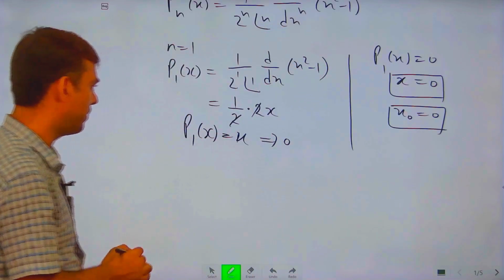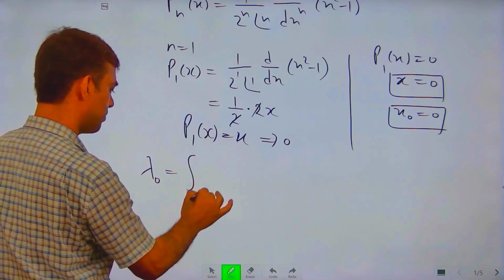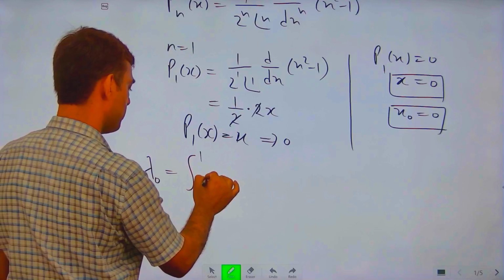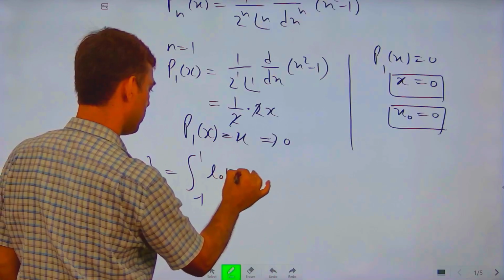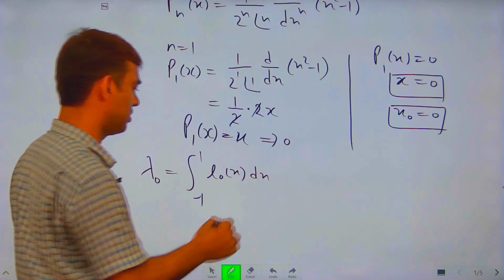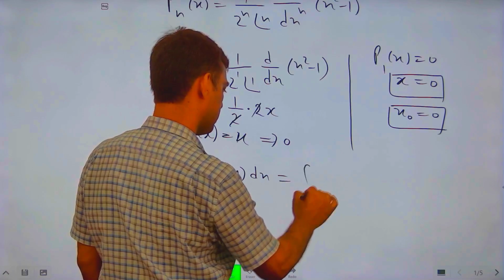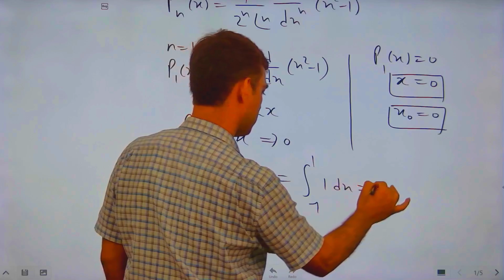And how do we find the weight? In order to find the weight, lambda 0 equals the integral from minus 1 to 1 of L0(x) dx. As we know, L0(x) here is 1, so this is the integral from minus 1 to 1 of dx, which gives 2.